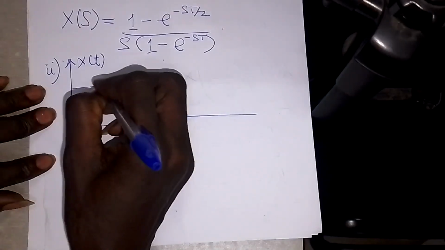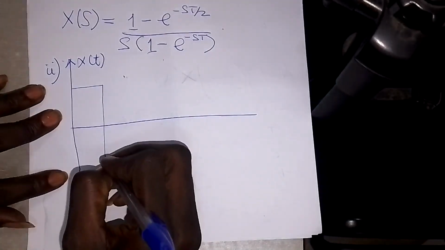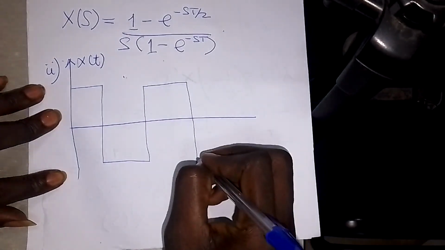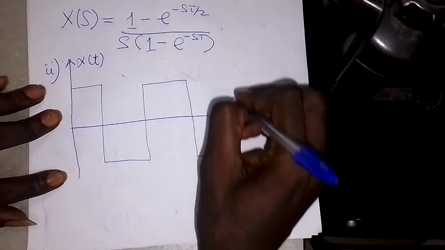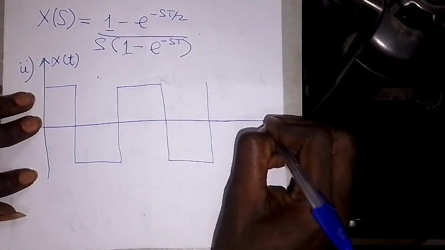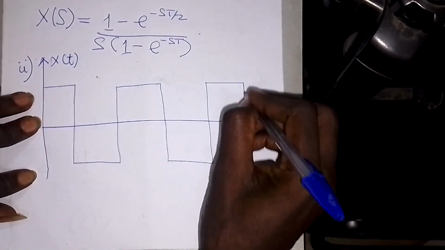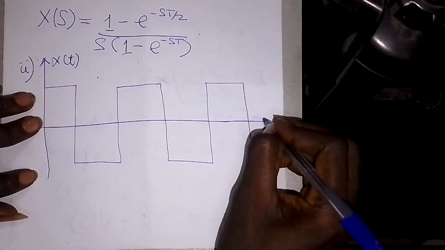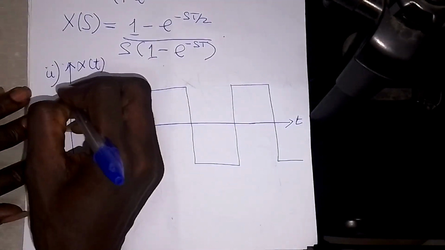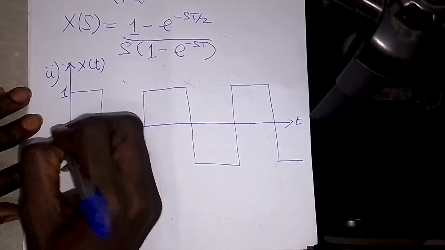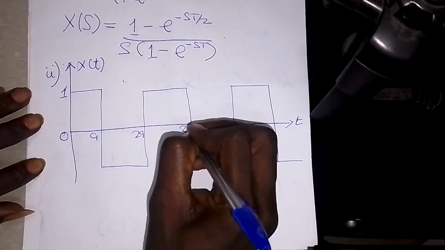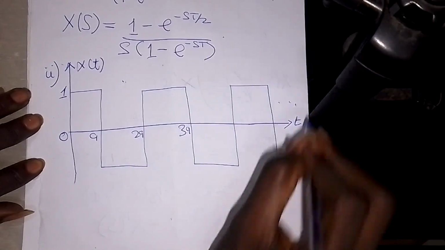And then here is A, 2A, 3A. It goes on and on like that.